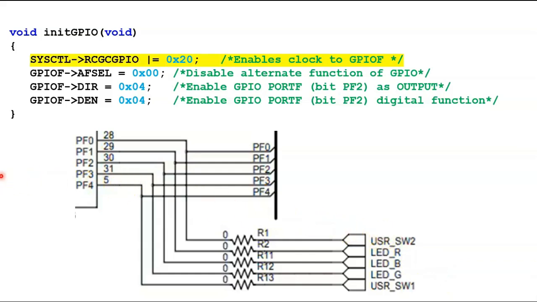Now let's take a closer look at this function. So this is the instruction here. Basically, this instruction enables the clock to GPIO F, that is GPIO port F. Alright, so it will enable the clock for port F. And this SYSCTL is a pointer to a structure, and RCGCGPIO is a member of that structure.